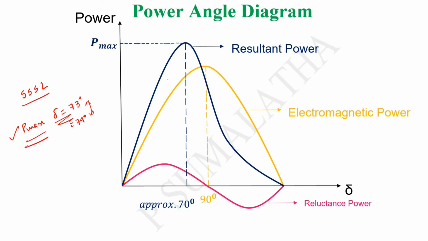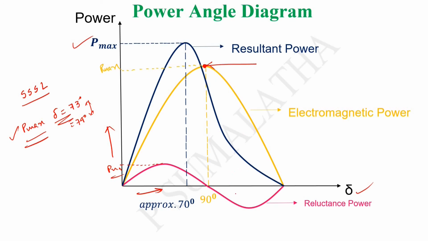If you observe these curves, whether you take the electromagnetic power, the reluctance power, or the resultant power, for this curve, this is the P max, and this is the P max for the reluctance power. What is the relation between the power and the load angle at this point? Up to here, as del increases, the power also increases and reaches a point.